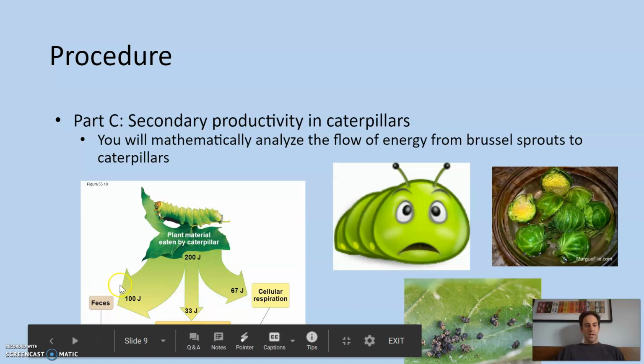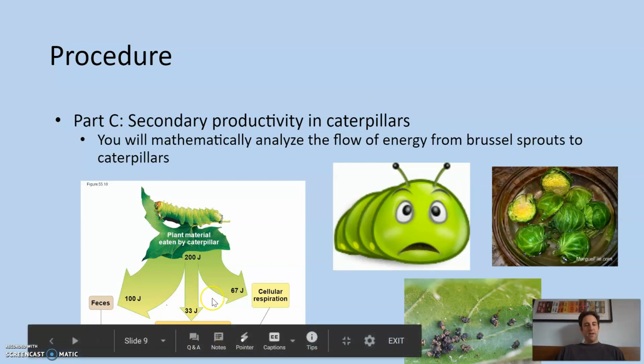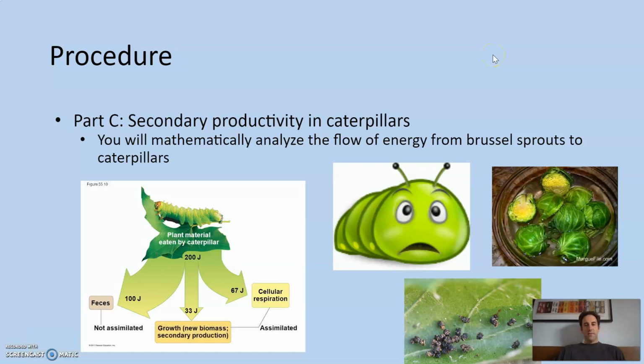About 100 joules ends up as feces, so that just passes right on through and is defecated out. And about 67 joules are burned by cellular respiration. So basically in part C, you're going to be calculating this number right here, which they say is 33 joules. In this example, we'll see how it turns out with the Brussels sprouts.